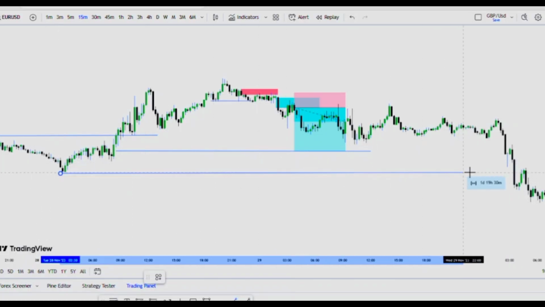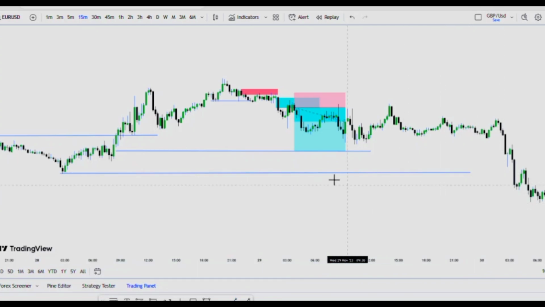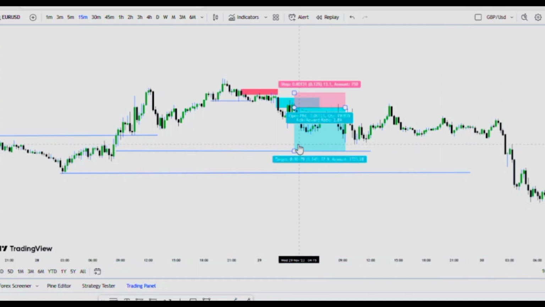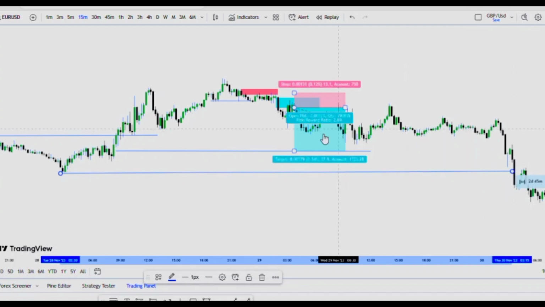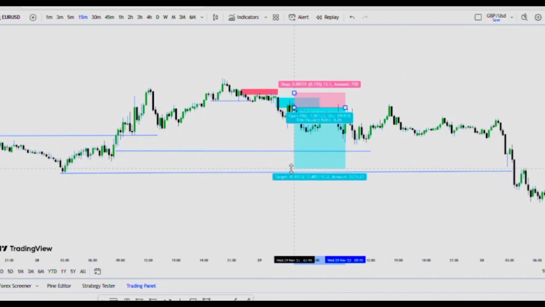Why? Because we know below the swing low there's liquidity resting there. Remember what we said liquidity is? Liquidity is simply a stagnant price level where price will reside, usually below old lows and above old highs. And as you can see right here, boom, it hits TP.